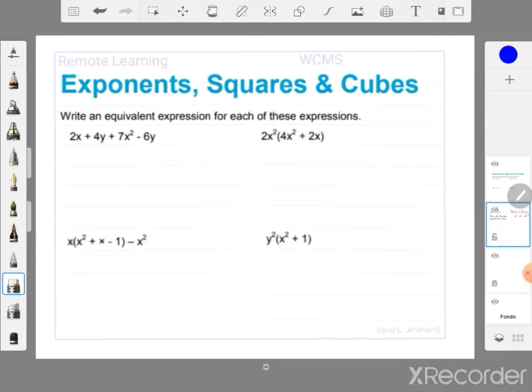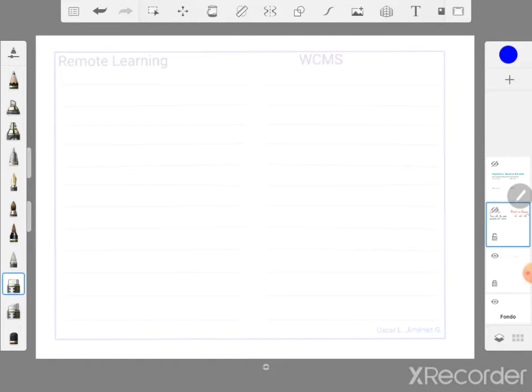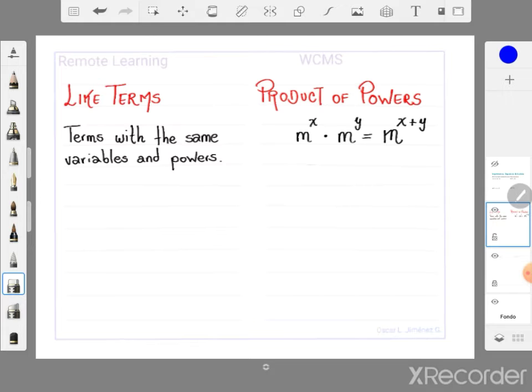So we need to remember two things about the expressions, okay? The first thing we need to remember is something called like terms. So what are like terms? Terms are expressions with the same variable and powers. So please remember, when you have an expression like 2x to the third power, each part has a different name.